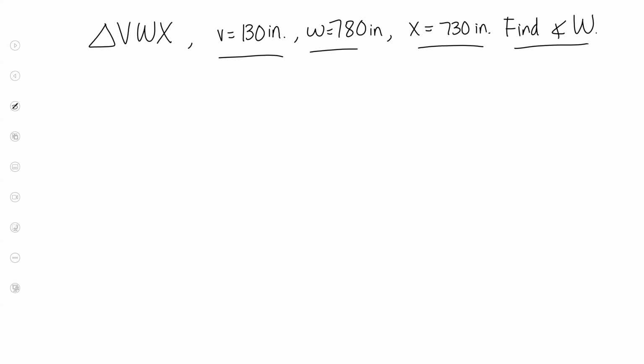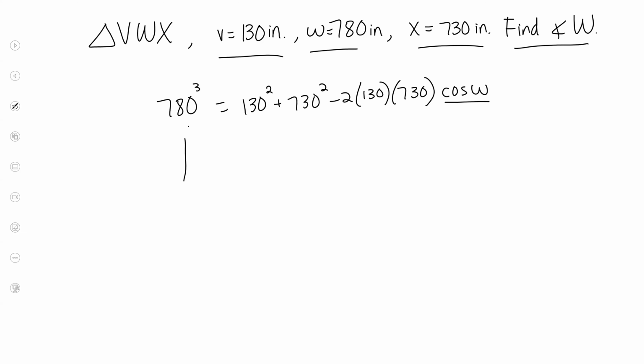So this is a side-side-side case. I'm going to go ahead and do the law of cosines. So I want to find angle W. So this is my formula. 130 squared plus 730 squared minus 2 times 130 times 730 times cosine of W, because I want to find cosine W. That means the side W will go on the outside.